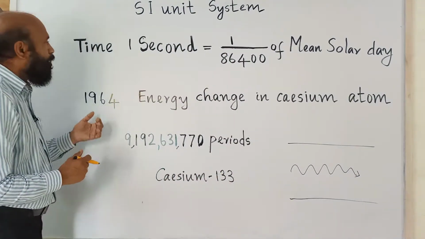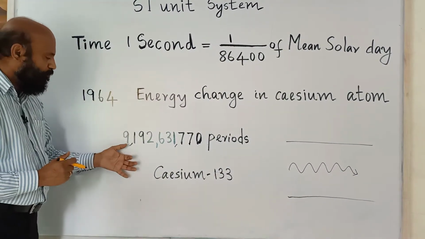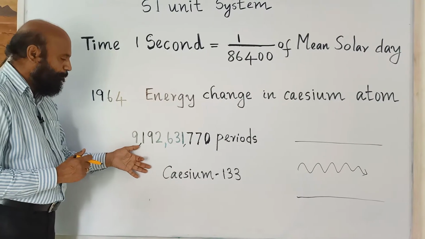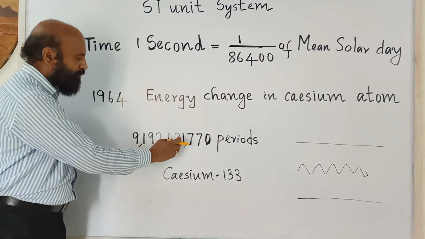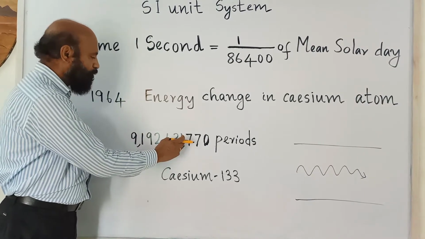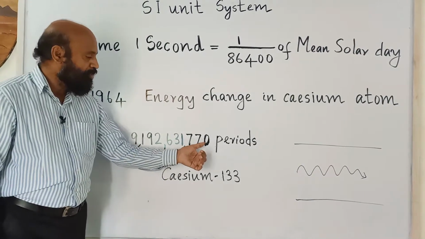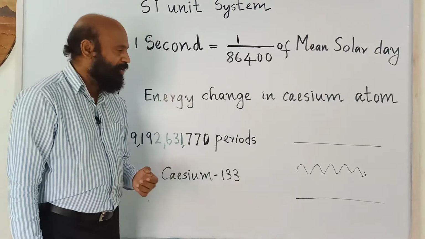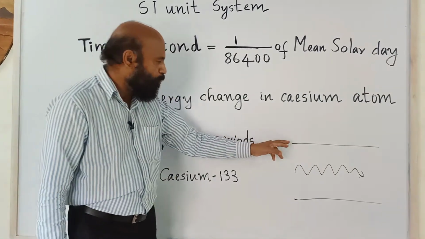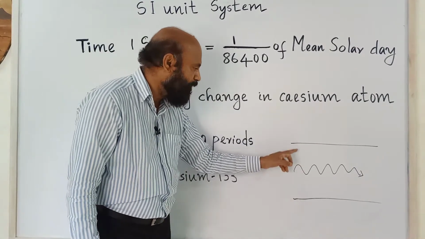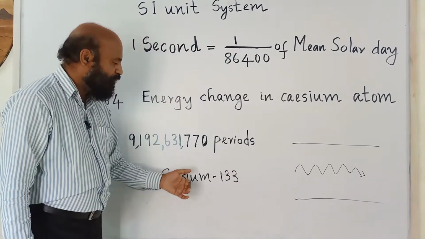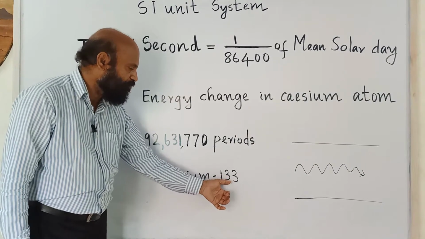Now 1 second is defined as 9,192,631,770 periods of the radiation corresponding to a transition between two hyperfine levels of the cesium-133.